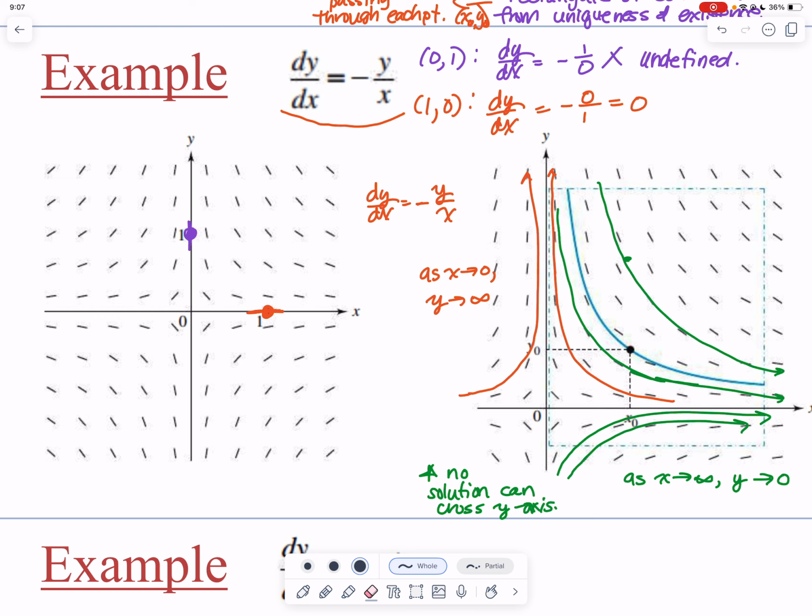Now, let's talk about this rectangle and the existence and uniqueness theorem.